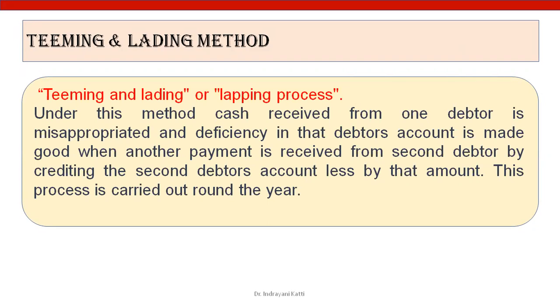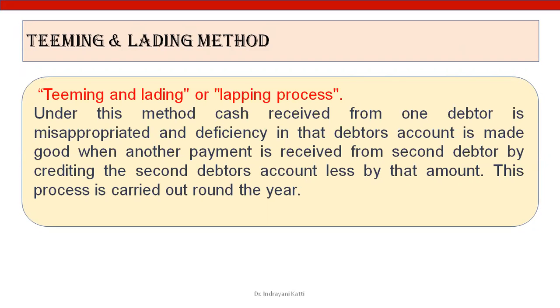Under this method, cash received from one debtor is misappropriated, usually by the cashier. Okay, what he does, he receives cash, but he will not enter all the amount in his account. Part of that amount is misappropriated by the cashier.